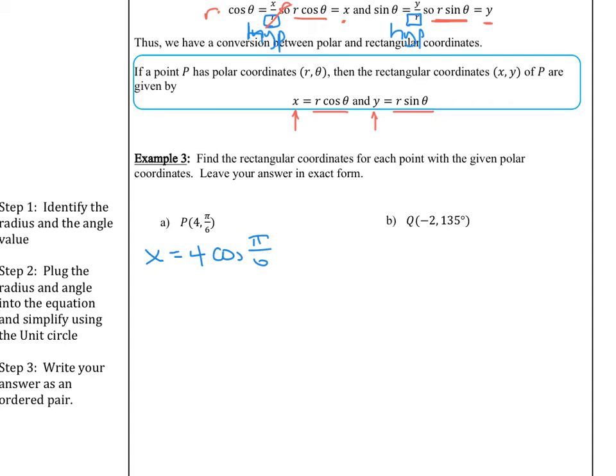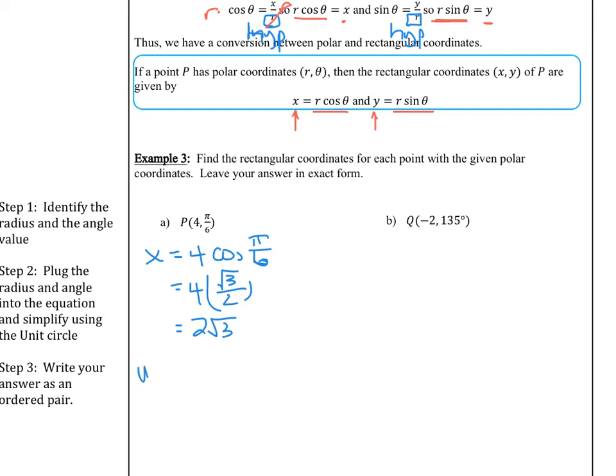And I love that unit circle. We're still using that unit circle. So handy. Check your unit circle for the cosine of pi over 6, and you'll see square root of 3 over 2. And then we would simplify, and we get 2 times root 3.